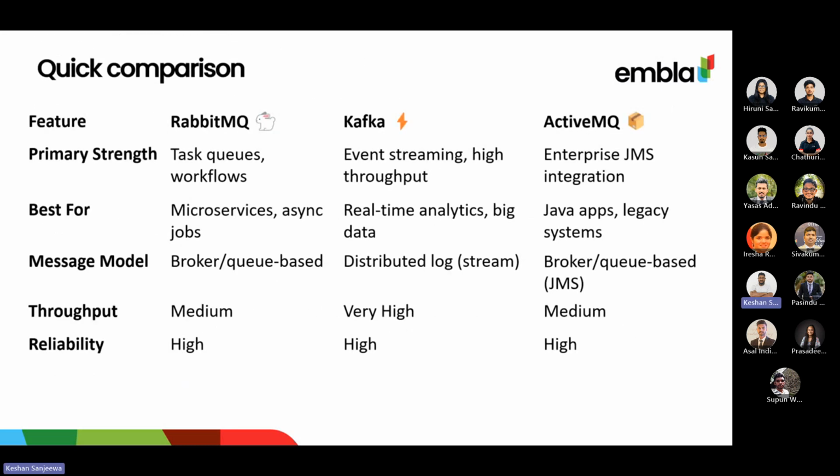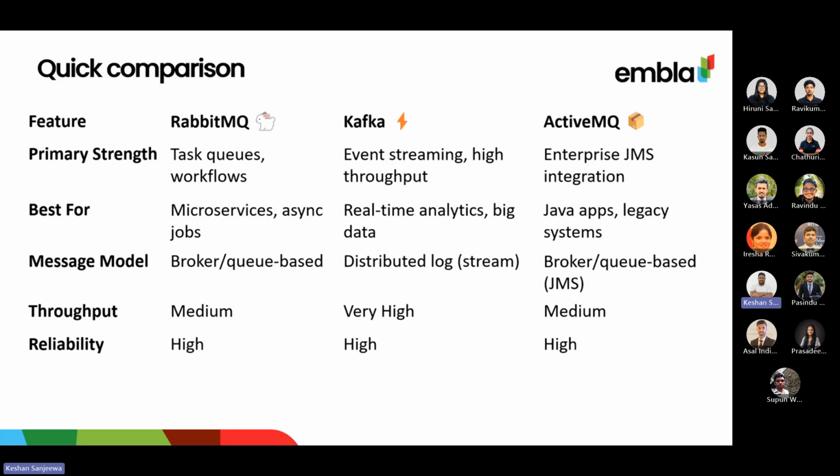Yes. So this is a quick comparison of the selected message brokers. RabbitMQ is mostly used in task queues and workflows. Kafka is used in event streaming and high throughput. Throughput means the number of messages that can be consumed per second.